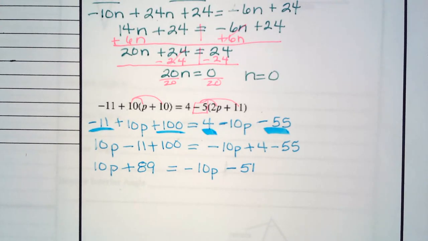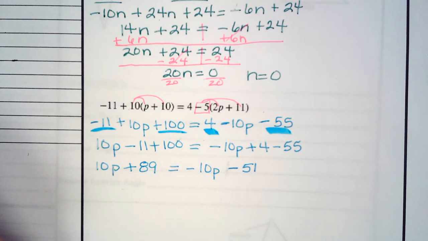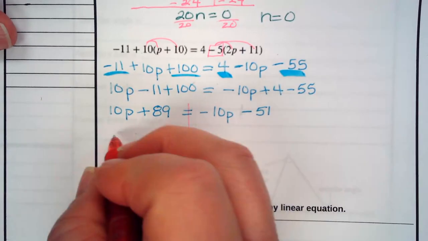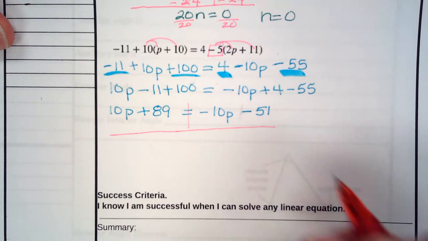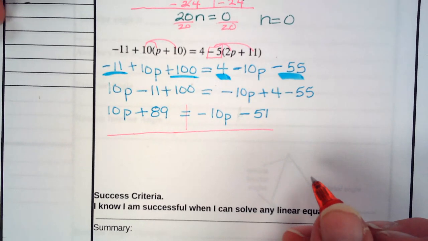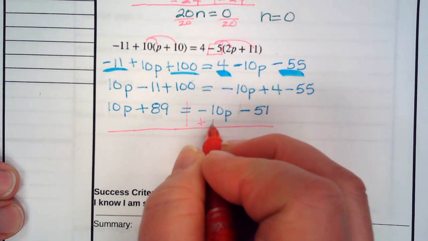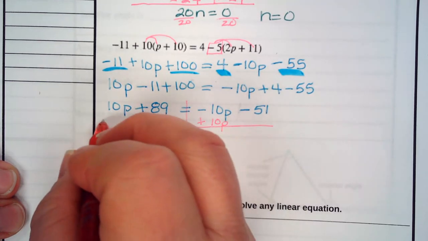Now we're ready to finish. Which is smaller, 10p or negative 10p? Negative 10p, so I will add 10p to both sides.